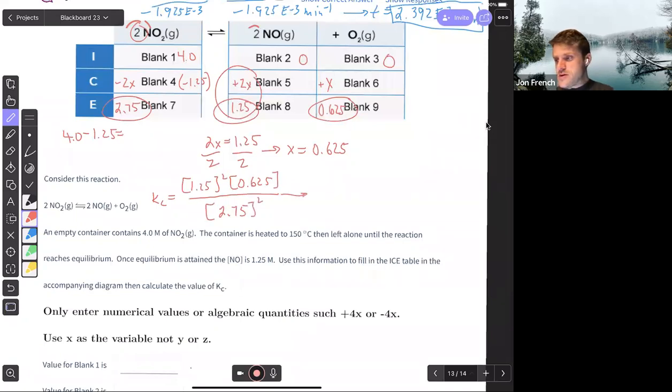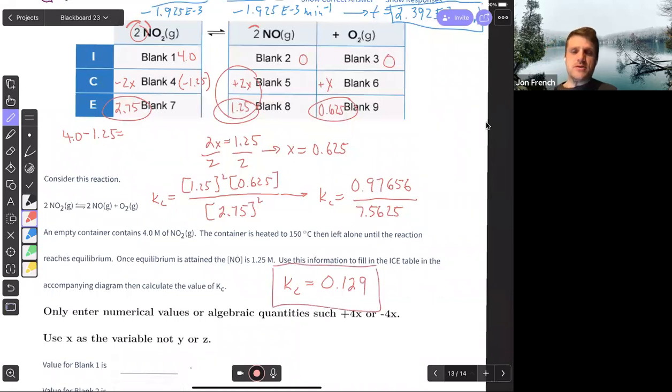Multiply those 2 together, I get Kc equals 0.97656 over 7.5625. I get an equilibrium constant that's equal to about 0.129 for this reaction.